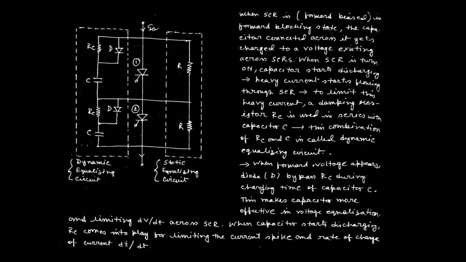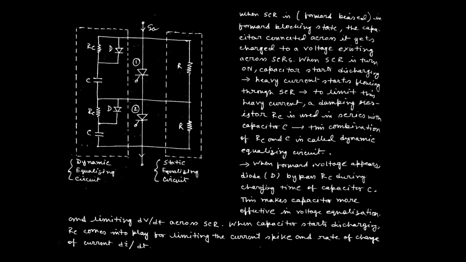We know the direction of the capacitor charging current and the direction of the capacitor discharging current are not the same. They are just opposite. If the capacitor is charged through this direction, it is discharged through this direction. Once the capacitor discharges across this path, it gives a huge amount of voltage at a particular instant across the SCR.